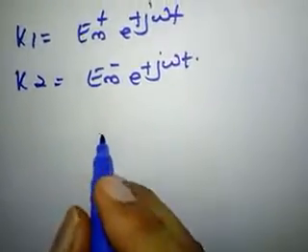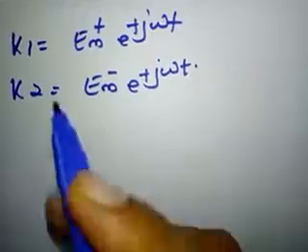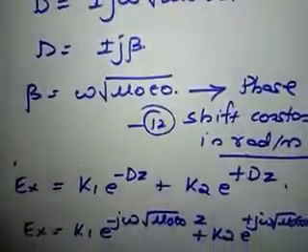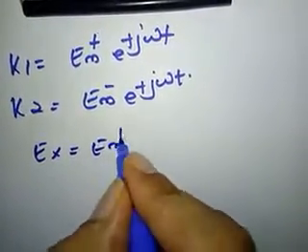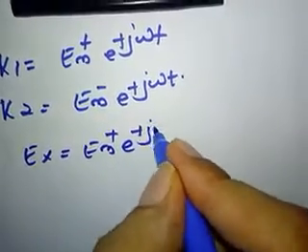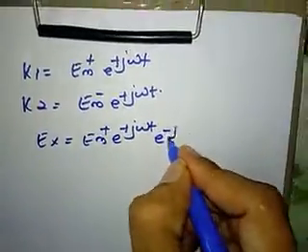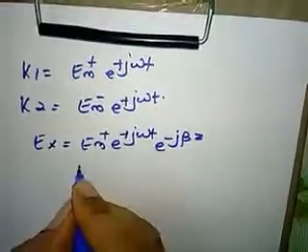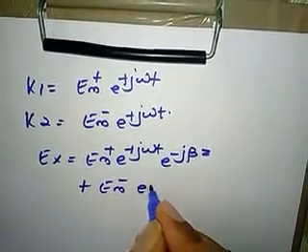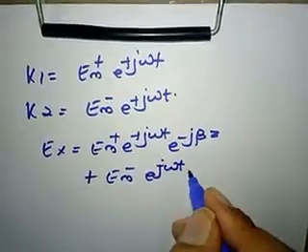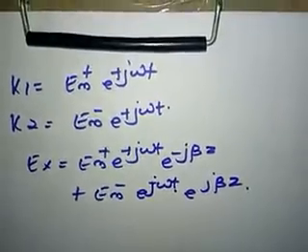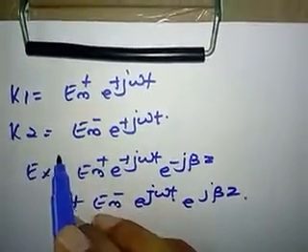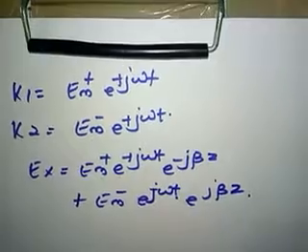Substituting the values of k1 and k2 in equation 13, Ex is equal to Em plus e raised to j omega t into e raised to minus j beta z plus Em minus e raised to j omega t into e raised to j beta z.